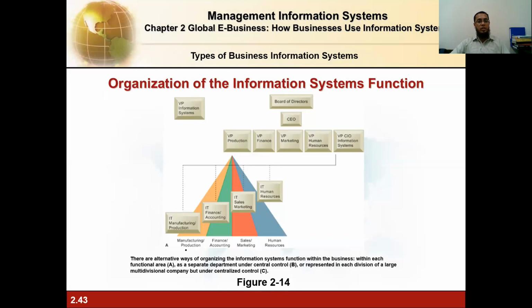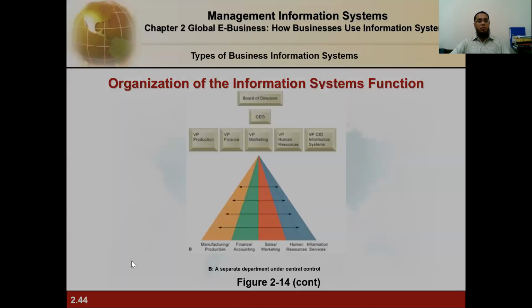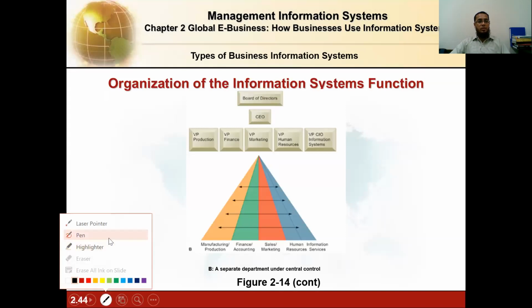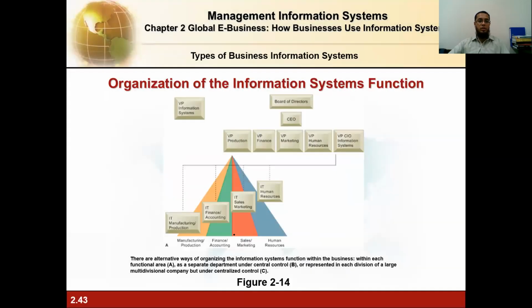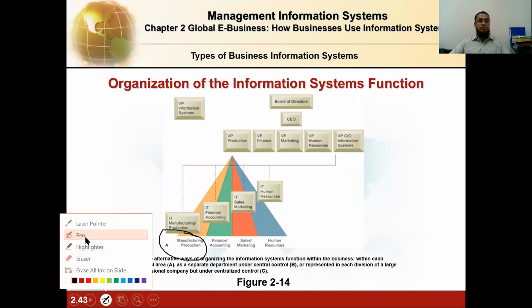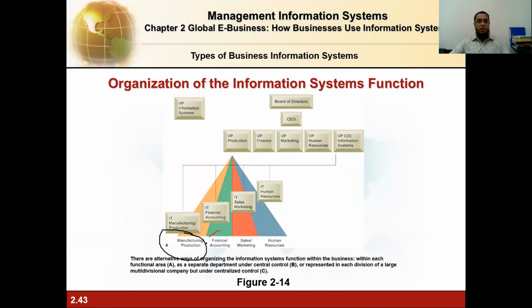So we have like four functional areas: production, financial and accounting, sales, and human resources. In the production area, we have the IT manager, and here manufacturing processes are there.